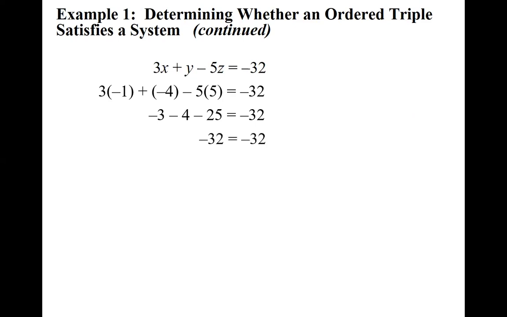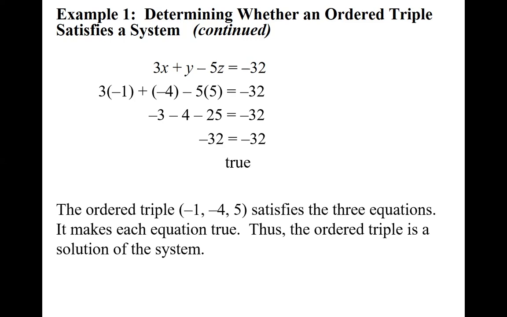That's -32 equals -32. That is true. It's satisfied all three equations, which means that the ordered triple -1, -4, 5 is a solution of the system.